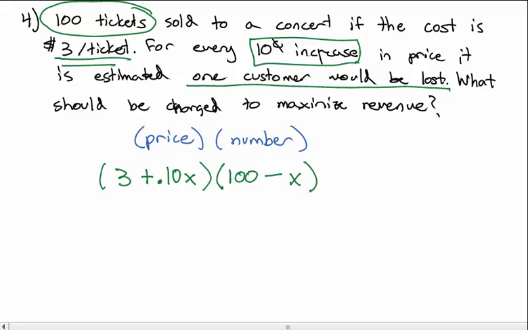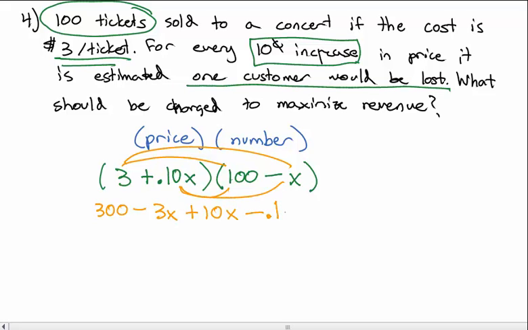This now gives us something that we can maximize. Multiply this out, gives us 300 minus 3x plus 10x minus 0.1x squared. Combining like terms and putting things in order, negative 0.1x squared plus 7x plus 300.